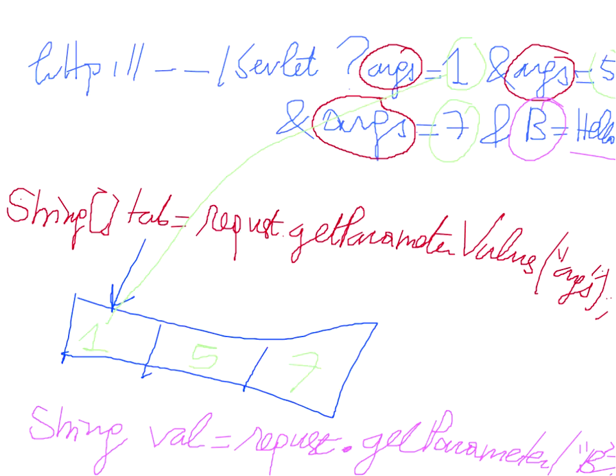Not B, the value of val here. Val will be hello, the value of B. Yes, hello. It is clear how we can get parameters from an HTTP request with a Java servlet.